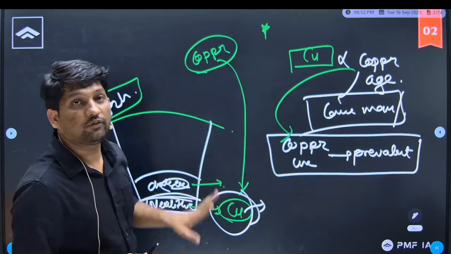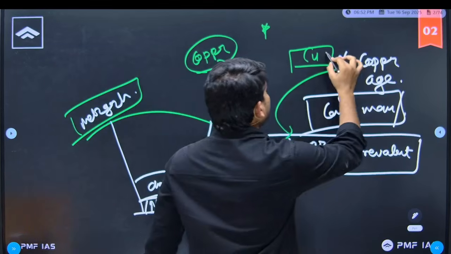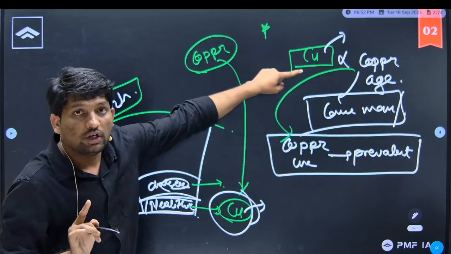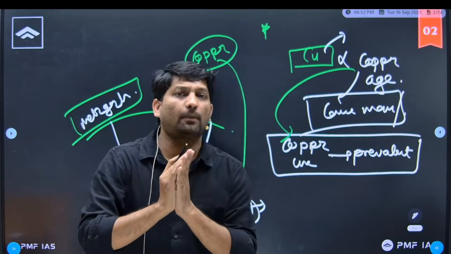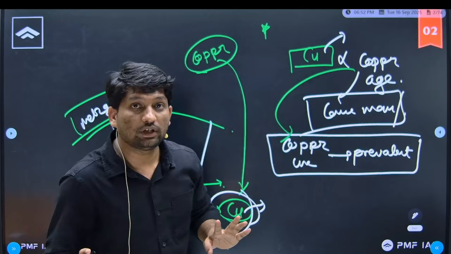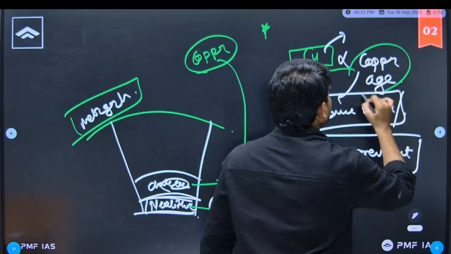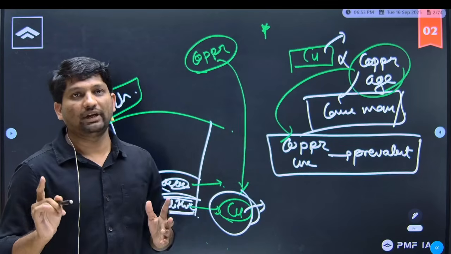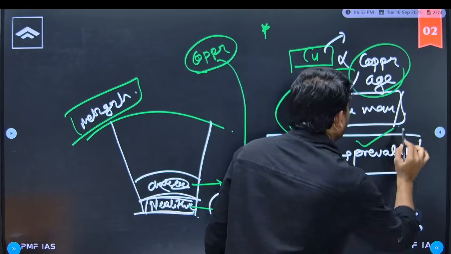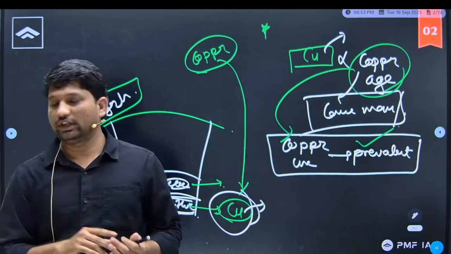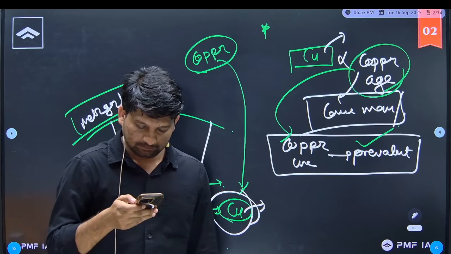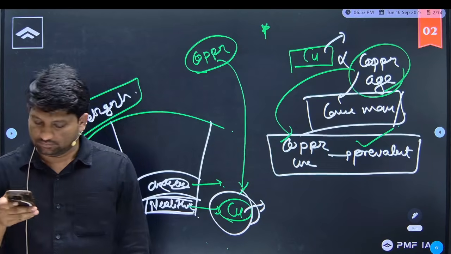So remember this difference. Just finding some copper doesn't mean the beginning of the Chalcolithic age. Finding a few objects of copper doesn't mean that. You call it the beginning of the Chalcolithic age when you find copper in large amounts, when the use of copper was prevalent. So any doubt for anyone? No doubt?